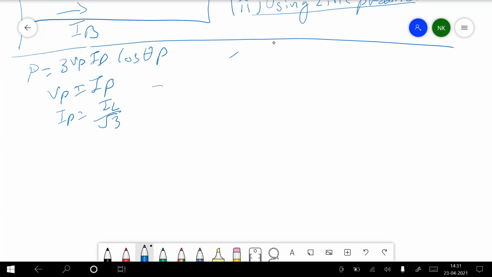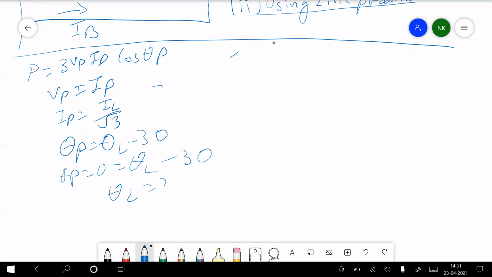On replacing, the other part is theta p equals theta L minus 30 degrees. Here the theta p value is 0, so theta L is 30 degrees. Now replacing this into the equation.